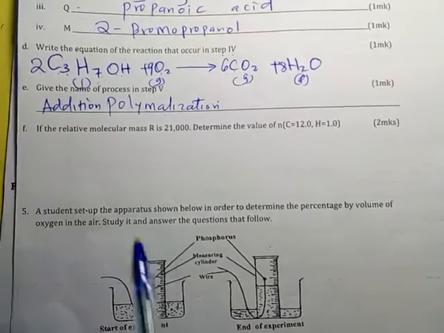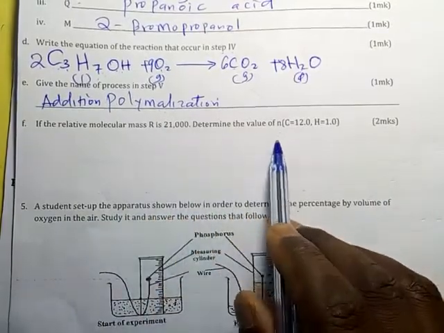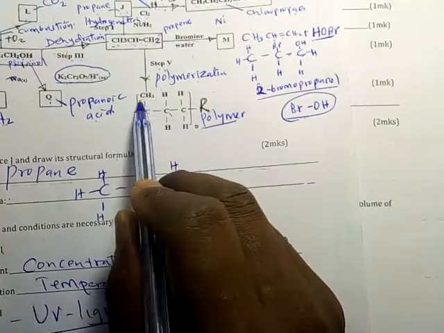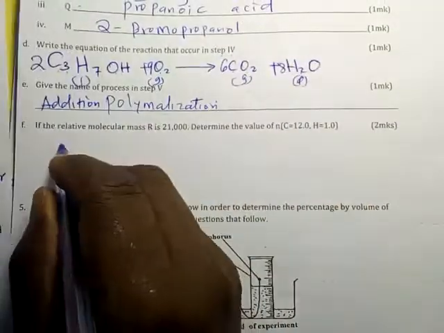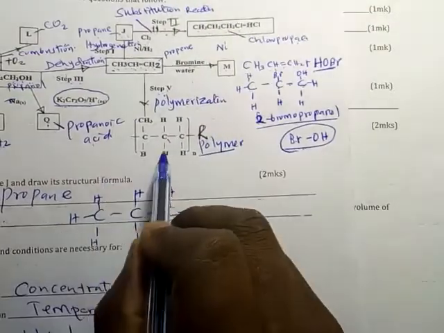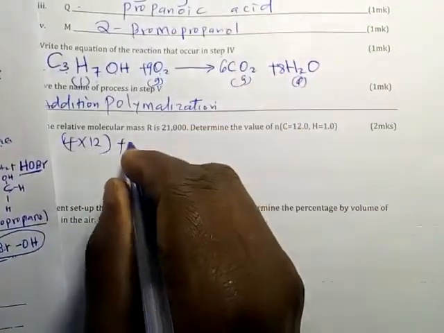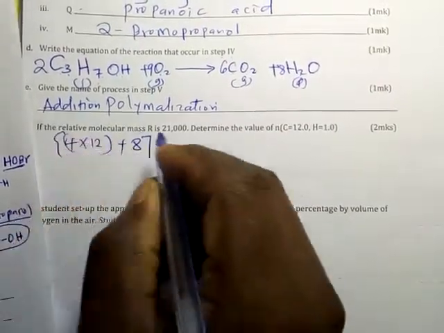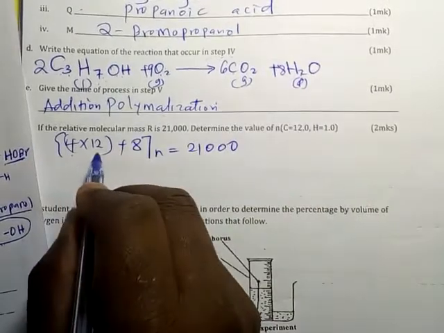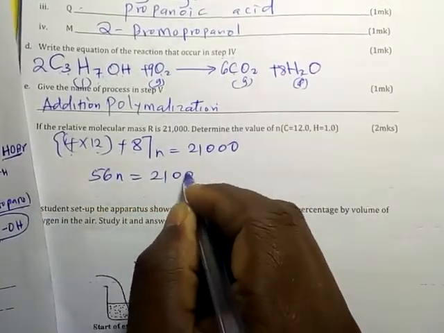Next question is, if the relative molecular mass of R is this, calculate the value of n. So we have R here: 1, 2, 3, 4. So we have 4 carbons. That is 4 times 12 plus hydrogen, how many? 1, 2, 3, 4, 5, 6, 7, 8. So everything times n will give us 21,000. This is 56n equal to 21,000.